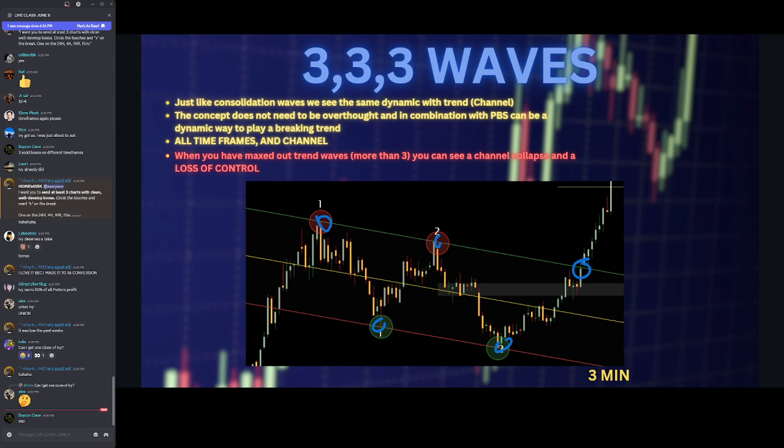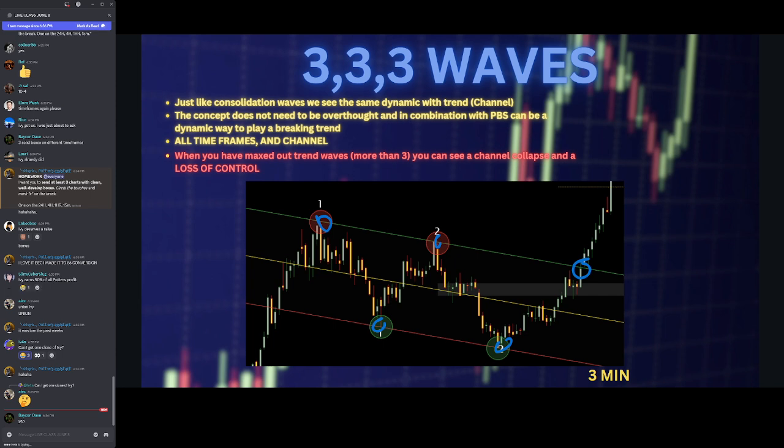Oftentimes in a lower time frame situation, I will use channels to find control and measure the 1 2 3 inside of it. So just like consolidation waves, we see the same dynamic with trend or channels, right? The concept does not need to be overthought, and in combination with the PBS can be a dynamic way to play a breaking trend.